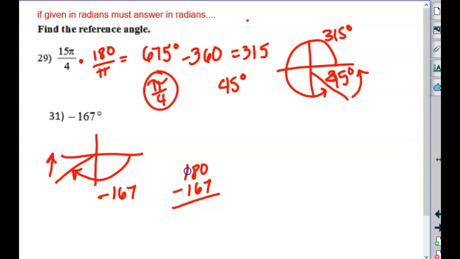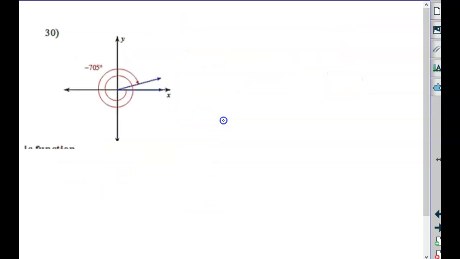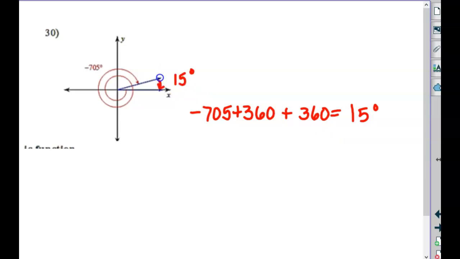So the reference angle is 13 degrees. Remember, it's got to be positive. This one, if you have a negative, you also could just keep adding 360 until it became positive. If you add that, I think you get 15, don't you? So the reference angle in here is just 15 degrees again.